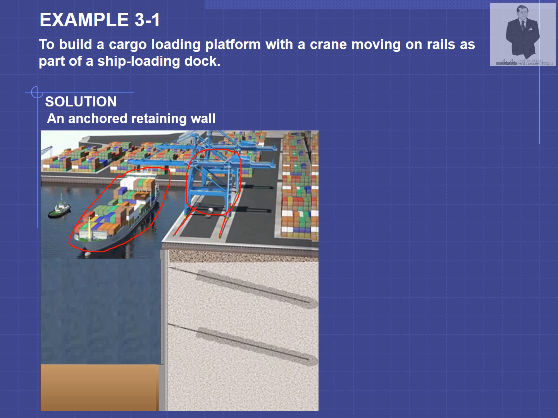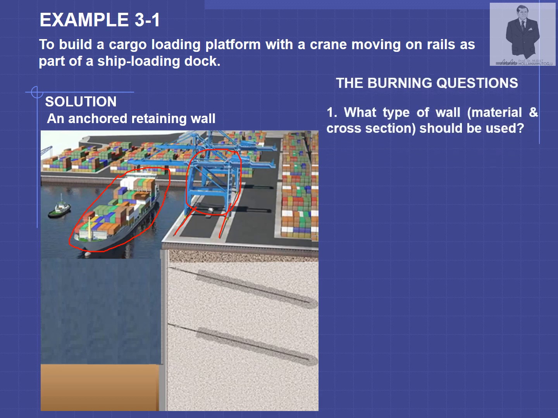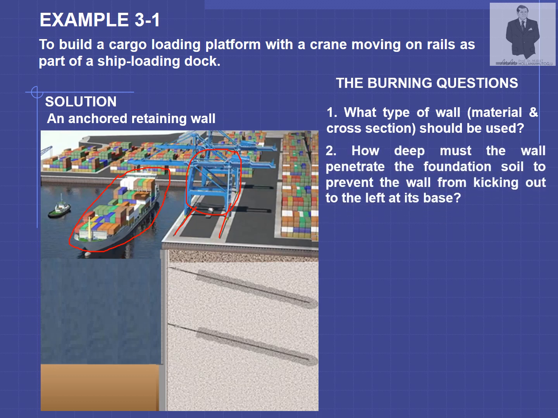The following were the important questions to be answered by the geotechnical engineer. The first one, what type of wall should be used regarding material and cross-section. Second question, how deep must the wall penetrate the foundation soil to prevent the wall from kicking out at its base?